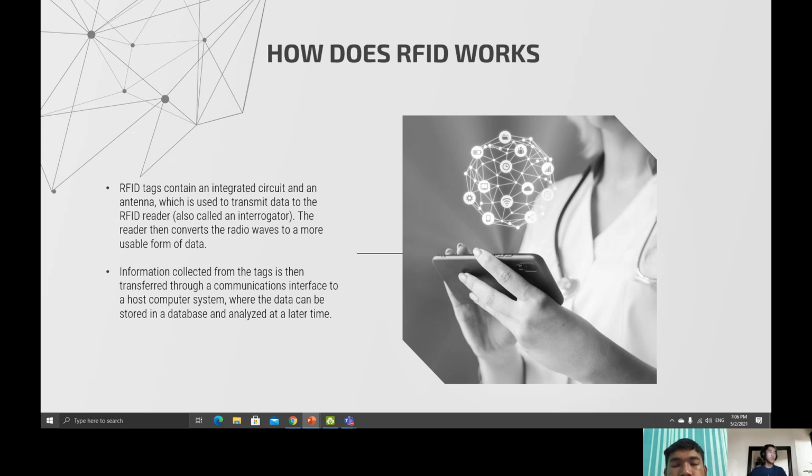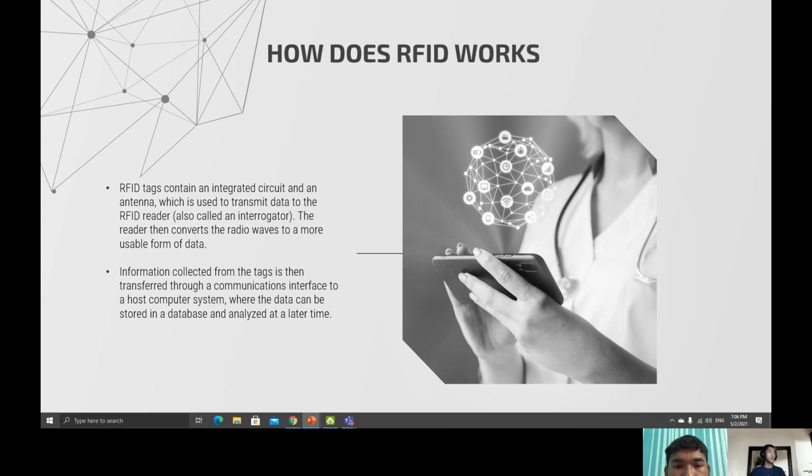An RFID tag contains an integrated circuit and an antenna which is used to transmit data to the RFID reader, also called an interrogator. The reader can convert the radio waves to a more usable form of data.